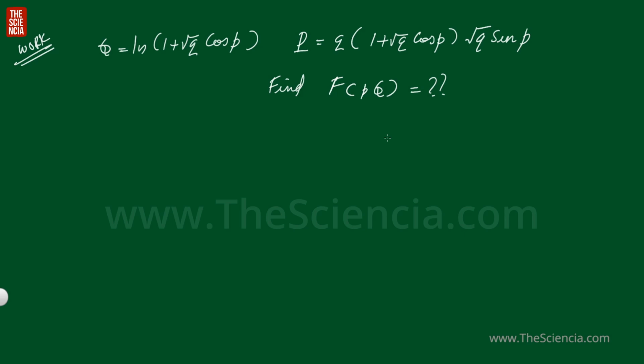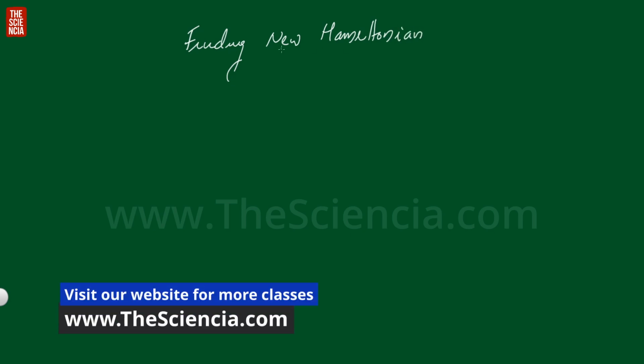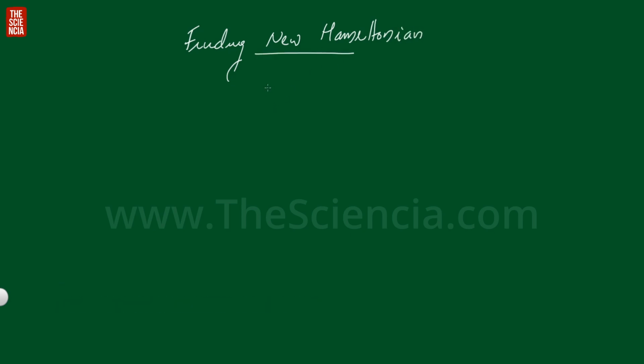Finding the new Hamiltonian. That is, through canonical transformation, the old and the new Hamiltonian are related by H prime equal to H plus dou f by dou t, where f is the generating function.